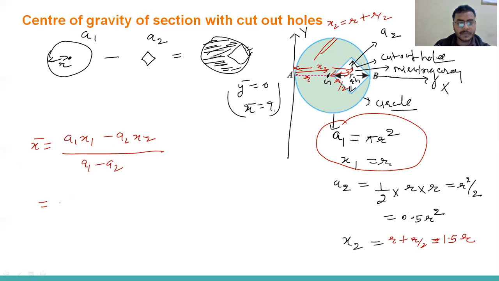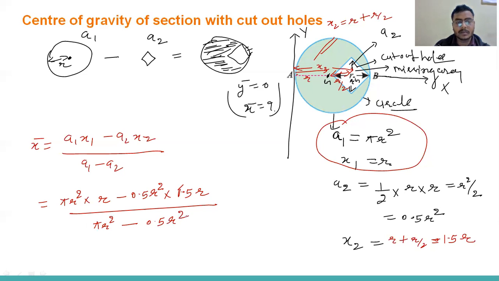So A1 we have pi R square into X1, and X1 we have R, minus A2, 0.5 R square into X2, that is 1.5 R, divided by A1, pi R square, minus A2, that is 0.5 R square.